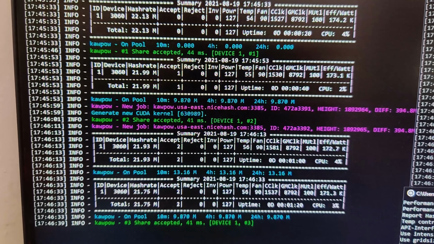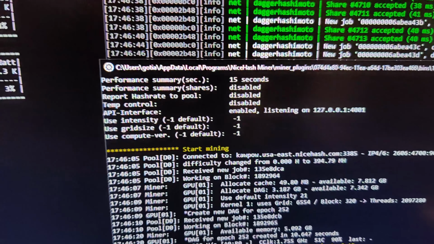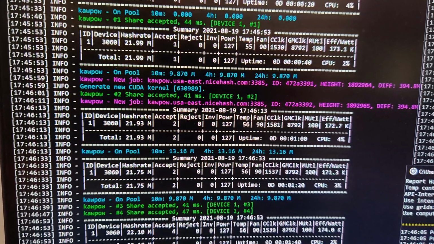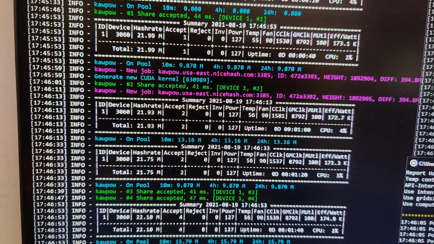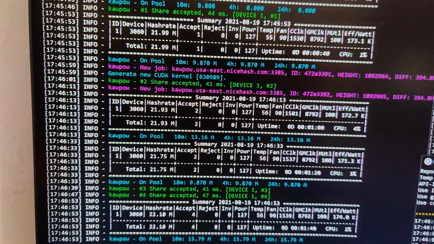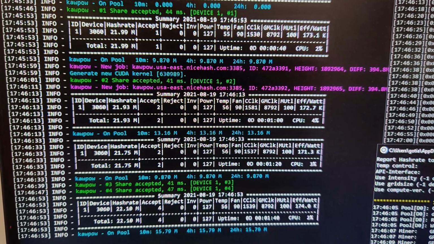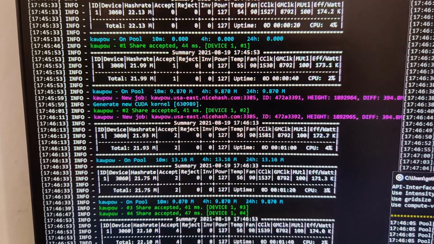All right, so I went ahead and switched my 3060 and my 2070 to both mine Ravencoin. As you can see here, the hash rate dropped immensely, but that's not a problem per se, considering how it raised up the revenue quite a bit. Ravencoin, for example, is a very power hungry algorithm.